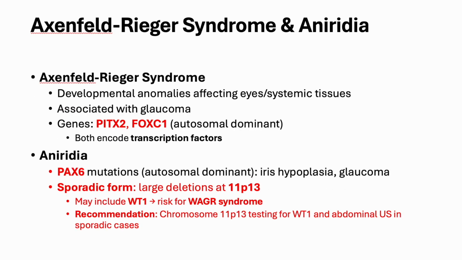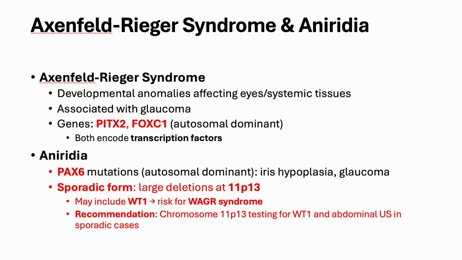Axenfeld-Rieger syndrome involves developmental anomalies affecting both the eyes and other systemic tissues. It's associated with glaucoma and linked to mutations in the PITX2 and FOXC1 genes, which encode transcription factors. Aniridia is caused by mutations in the PAX6 gene and leads to iris hypoplasia and glaucoma.